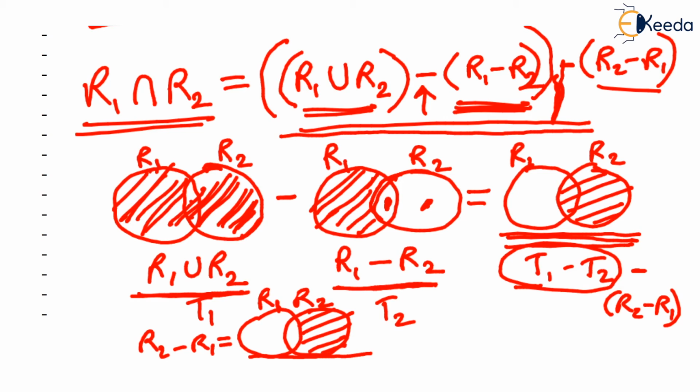Can you understand what that means? It is whatever is present in T1 minus T2 but not in R2 minus R1. Clearly observe this picture and this picture. If you subtract, you are going to get the intersection. I hope you have understood this. Come again. What is R1 intersection R2?